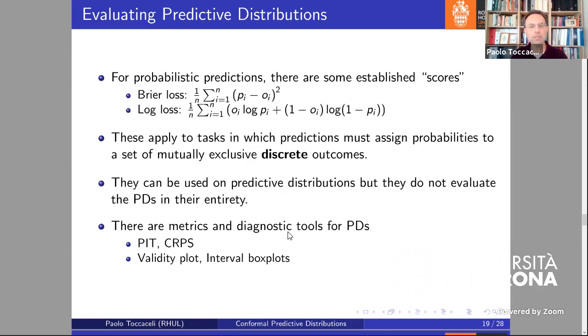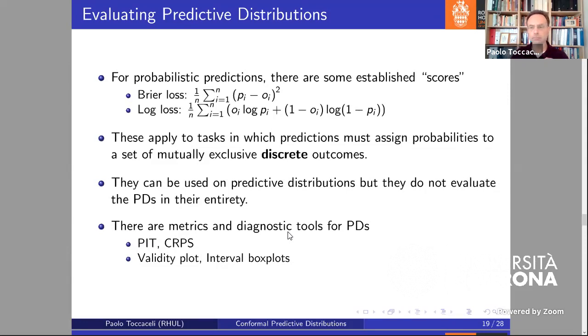But these apply to tasks in which the predictions must assign probabilities to a set of mutually exclusive discrete outcomes. You can use them on predictive distributions by creating mutually exclusive events, like the value is between these two values or outside these two values. This is useful, but these do not evaluate the predictive distributions in their entirety.